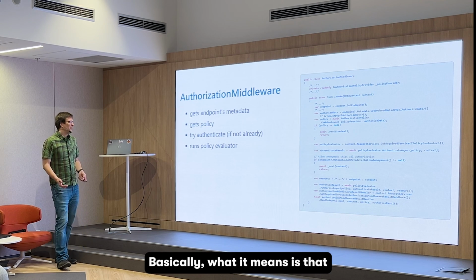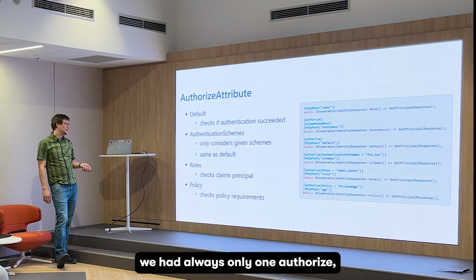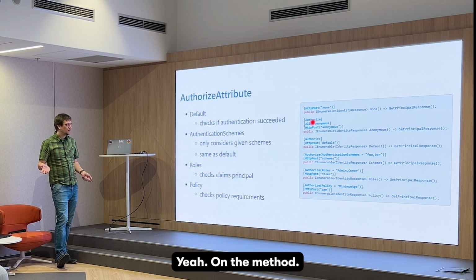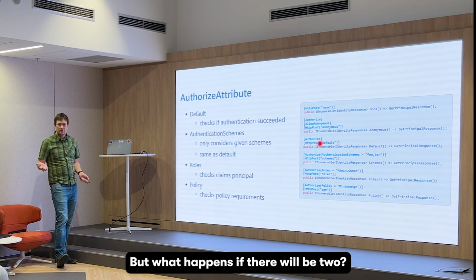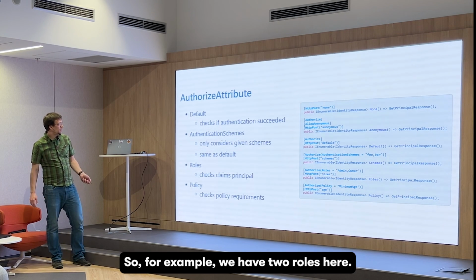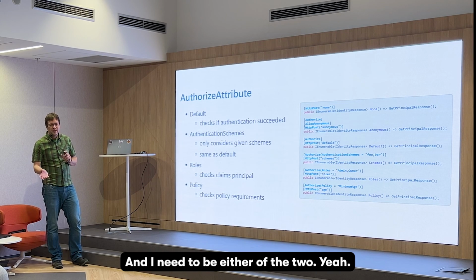Basically, what it means is that we had always only one Authorize attribute on the method. But what happens if there are two? It will be combined. So, for example, we have two roles here, admin and owner, and I need to be either of the two.